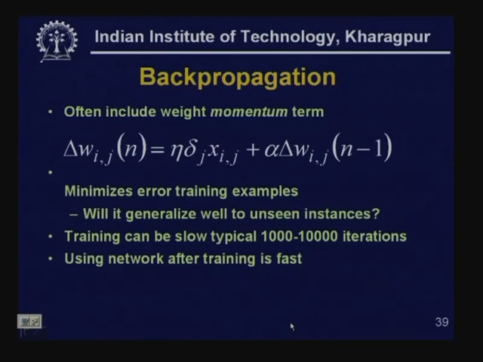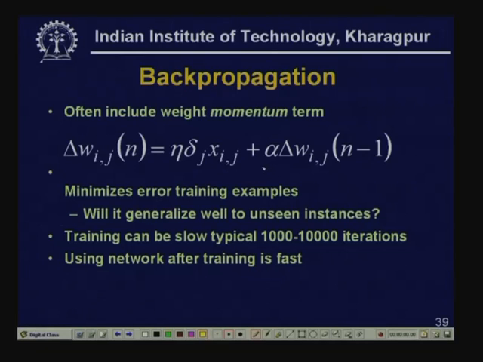Now, there are some variations to back propagation that people consider. Apart from the delta term, that is eta delta j xij, some people add another term called the momentum term, alpha delta Wij. So, what is the momentum term? The momentum term takes contribution from the previous value of delta Wij. Why is the momentum term used?